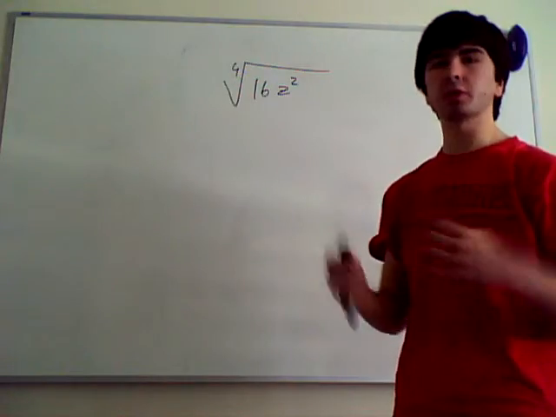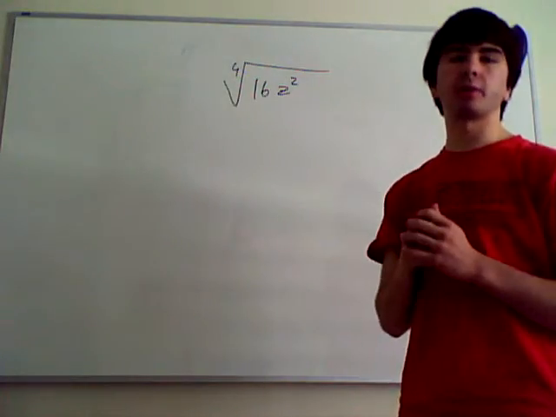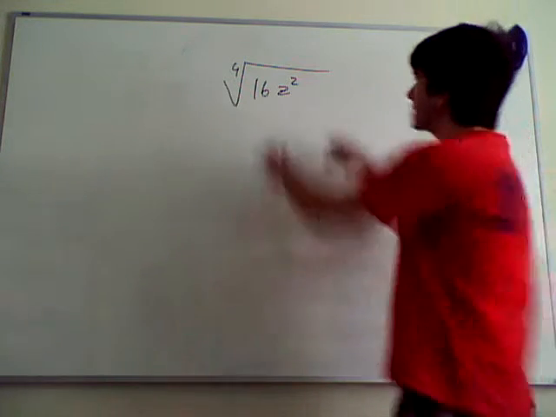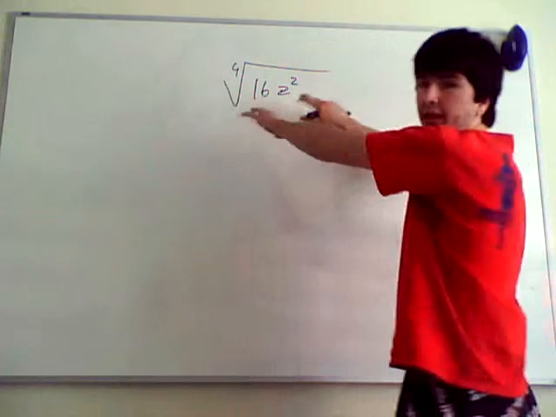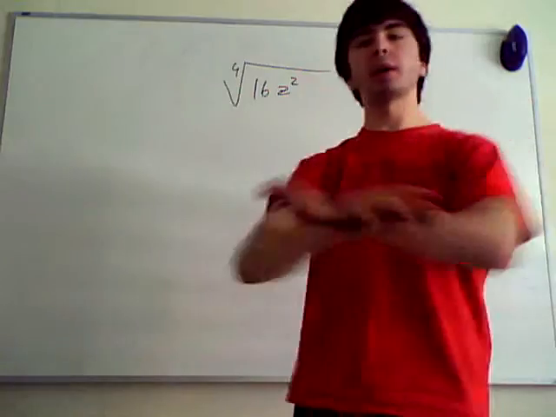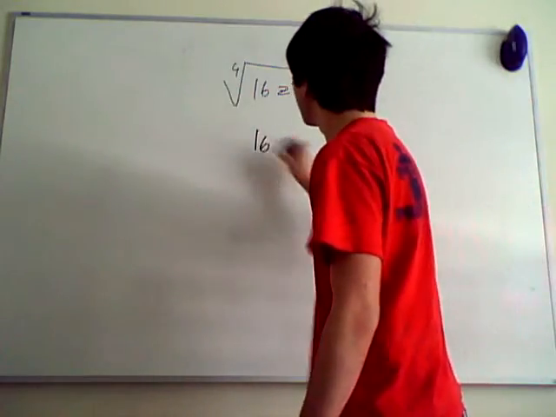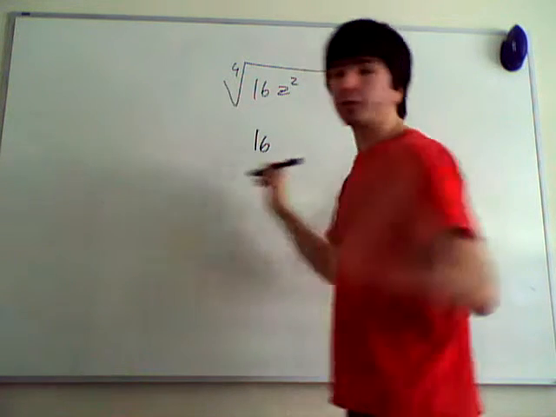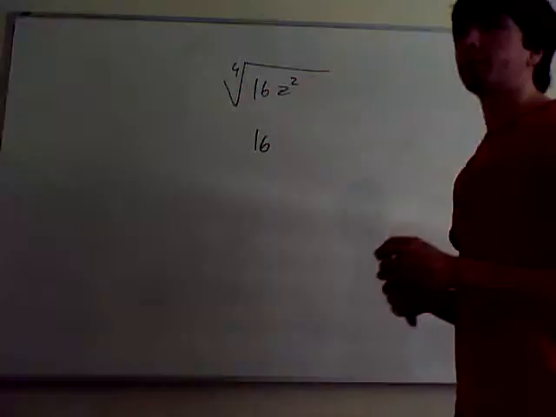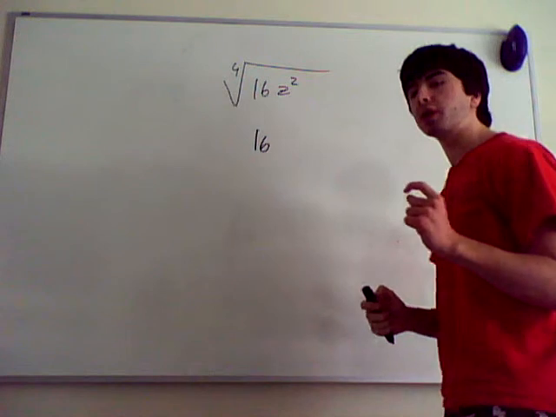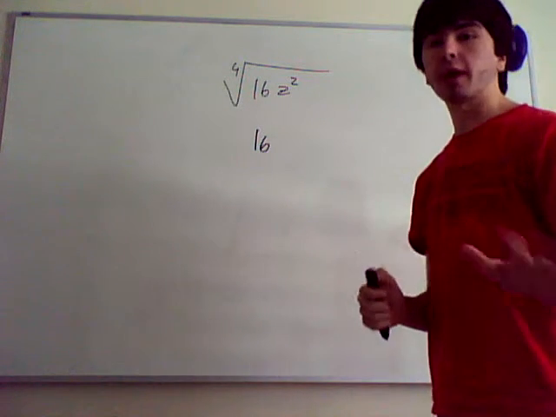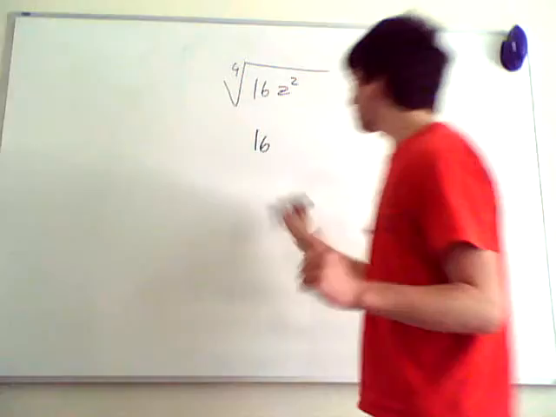So what you want to do is factorize all the numbers. Like, imagine this right here, the inside of your radical. You want to break it down as much as you can. For 16, you want to get the least common factor. The smallest factor you can think of besides 1, do not ever think of 1, is 2.